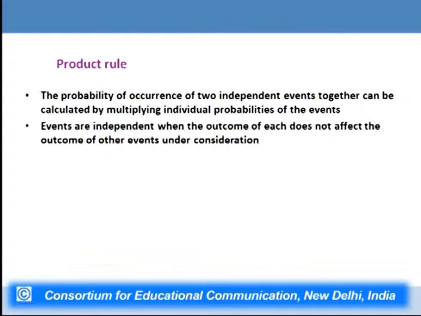The product rule states that the probability of occurrence of 2 independent events together can be calculated by multiplying the individual probabilities of the events. Events are said to be independent when the outcome of each event does not affect the outcome of the other events under consideration.